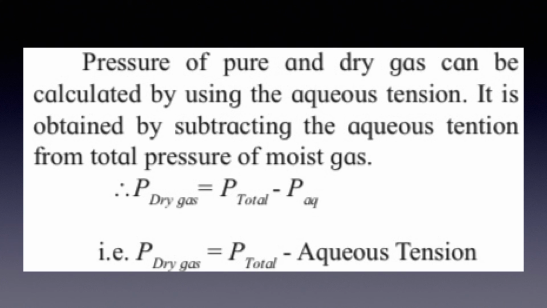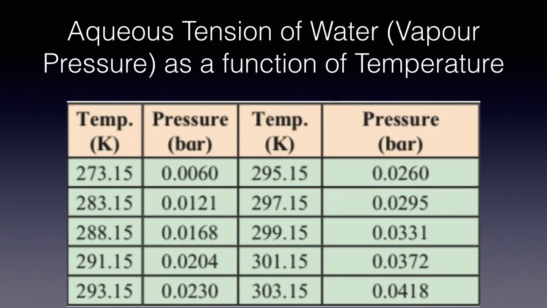So this is a table of aqueous tension of water at different temperatures. Aqueous tension of water, in brackets it is written vapor pressure, as a function of temperature. So at different temperatures, the pressure of water is given in this table, and the unit for temperature is Kelvin, and for pressure it is bar.